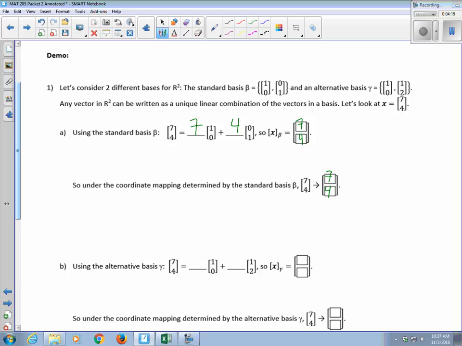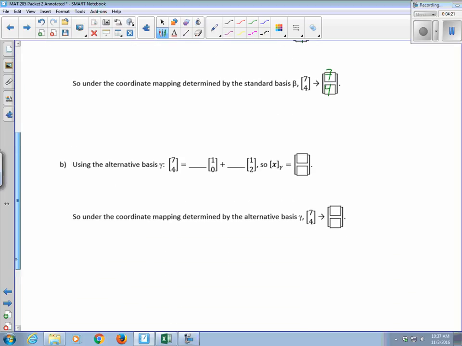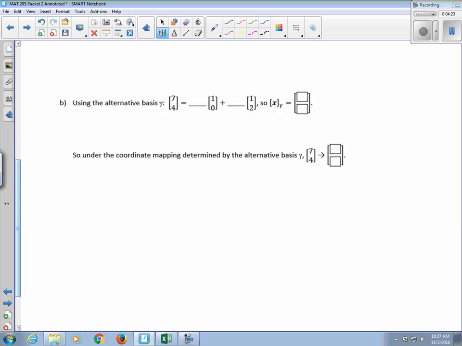But let's look at the alternative basis and see what happens. So I need to figure out what weights to put on the basis vectors of gamma, (1, 0) and (1, 2), to create the vector (7, 4). Anybody can figure it out just with a guess and check? 5 and 2, yeah. How would you do it if you couldn't guess and check weights?